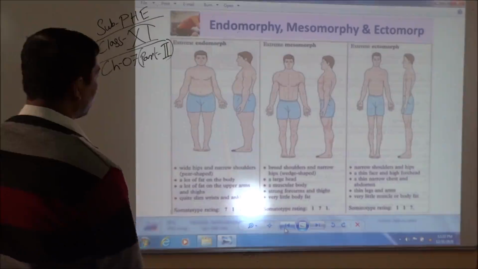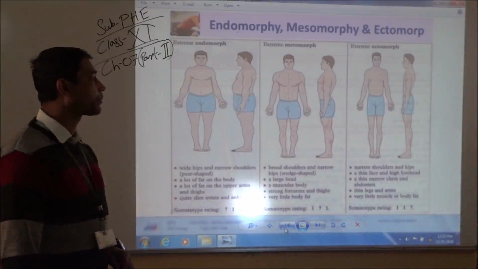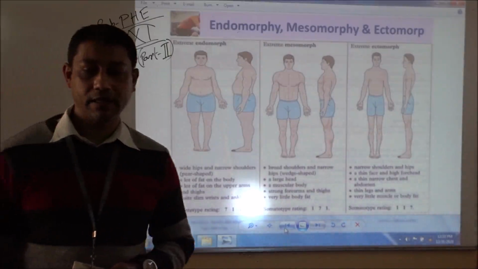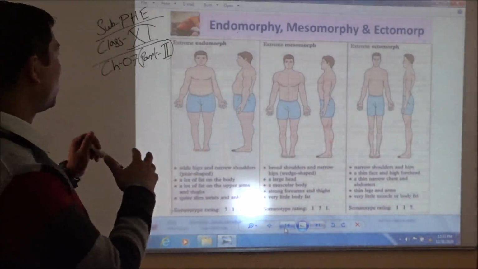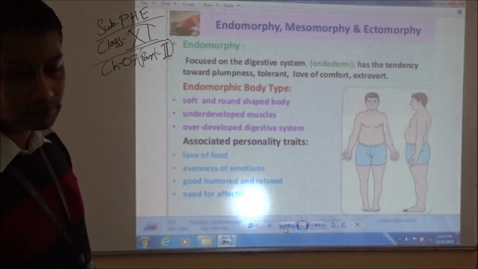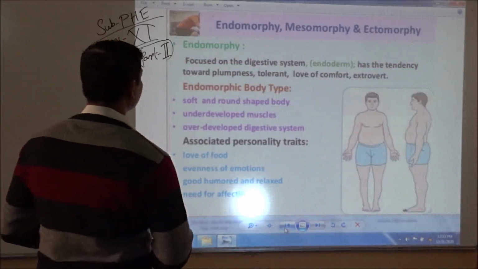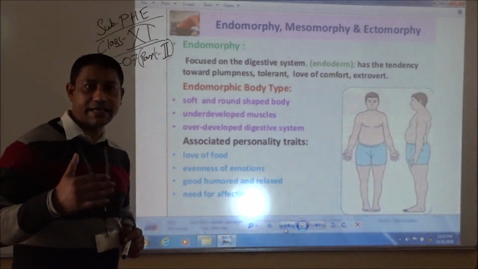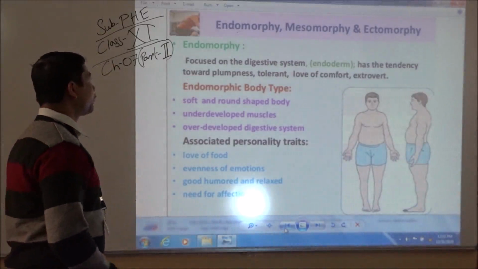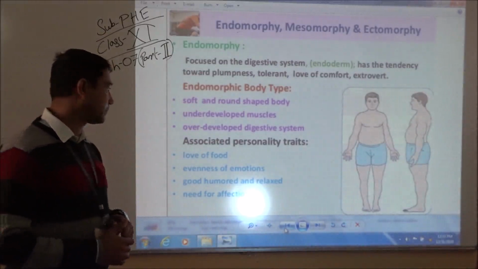The side view you can also see, showing the classifications between endomorph, mesomorph and ectomorphs. Next let us discuss each body type in detail. First is endomorphs.